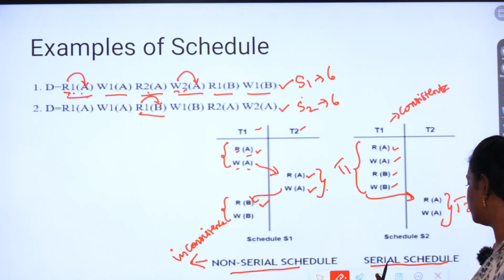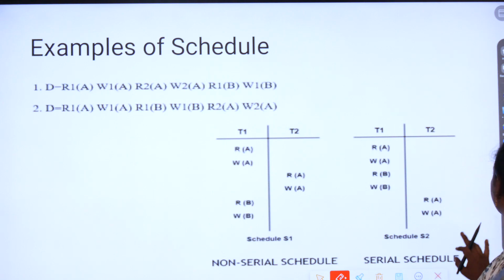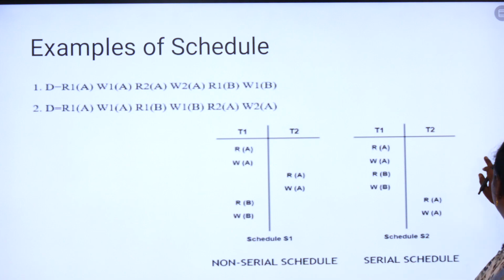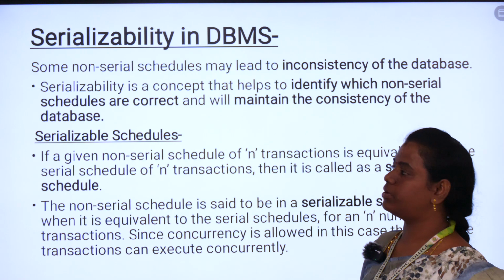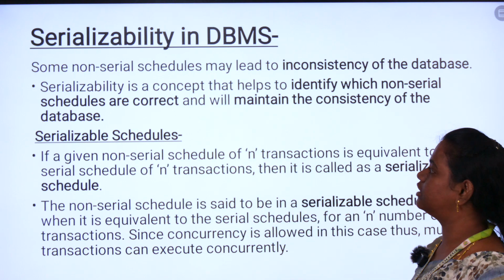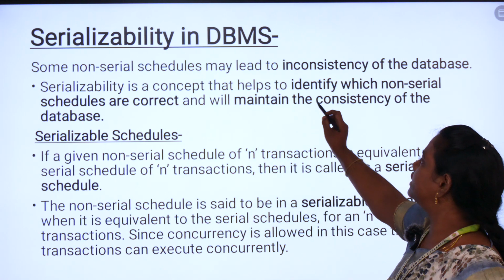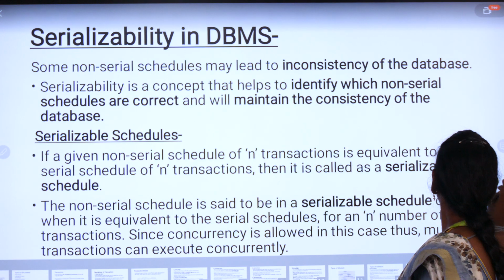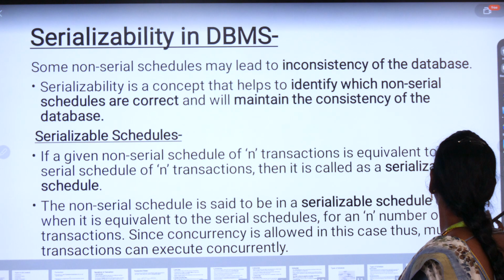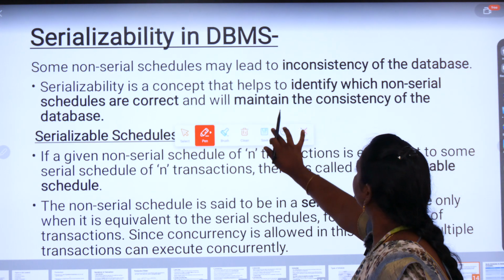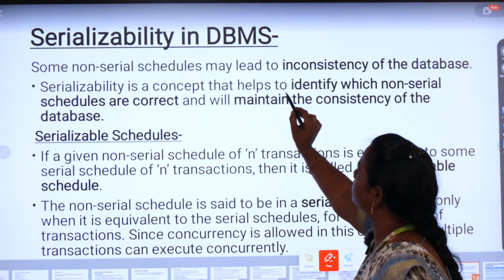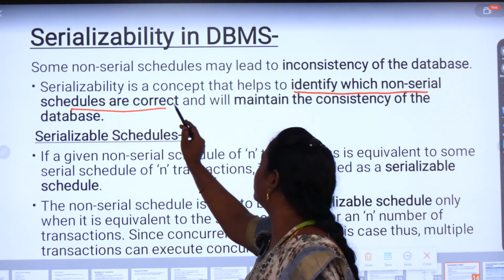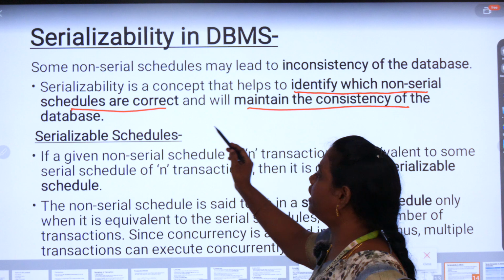So when we are moving to the serializability concept, next is serializability. Serializability in a database is a concept that helps to identify which non-serial schedule is correct, so that we maintain the consistency of the database.